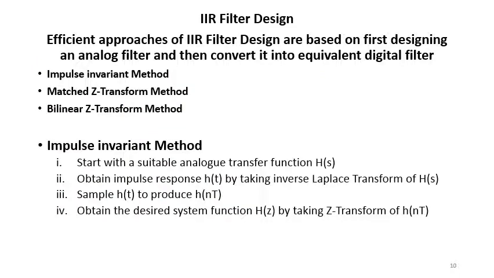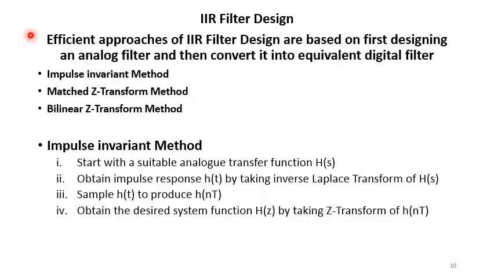So let's talk about one more technique for the IIR filter design, that is how to approximate or calculate the coefficients of the IIR filter. The second method we are going to discuss is the impulse invariance method. The pole zero method is not that efficient.